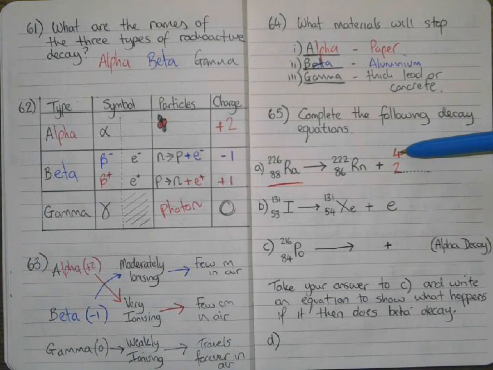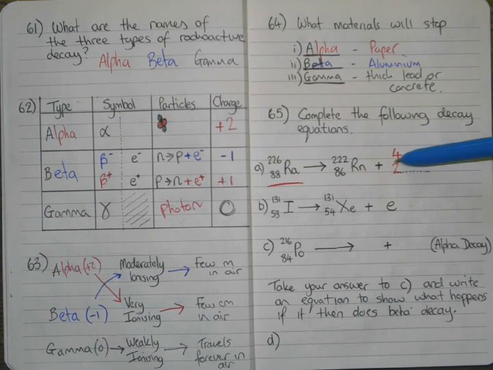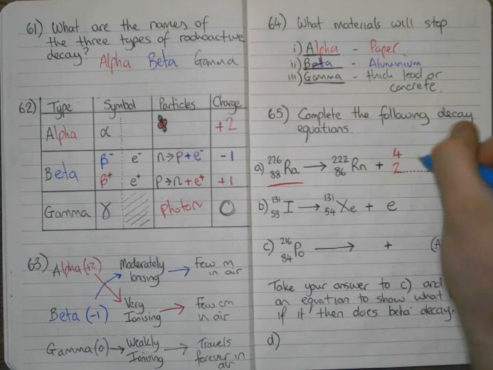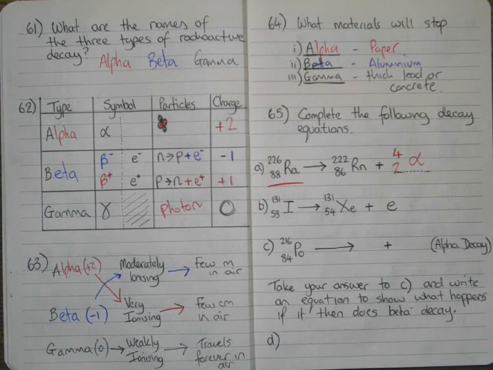Now, the particle which has 2 protons but a total of 4 particles, 2 protons, 2 neutrons, that's our alpha particle. And so that would be the missing particle.